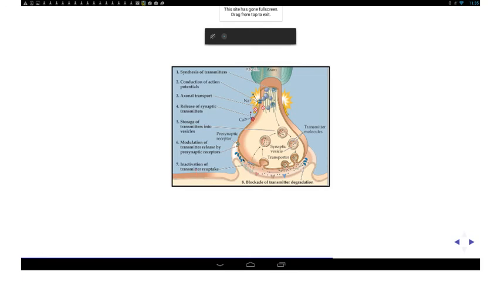Inactivation of uptake, SSRIs. In the case of serotonin, Prozac prevents the uptake of serotonin so that more of it is located at the synapse. And blockade of transmitter degradation. We talked about MAOIs, MAO inhibitors, another form of antidepressant drugs, also designed to keep more serotonin at the synapse by blocking monoamine oxidase activity, which normally degrades the serotonin that's sitting at the synapse.